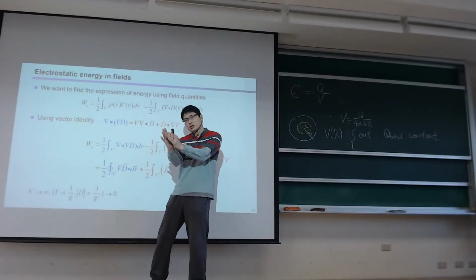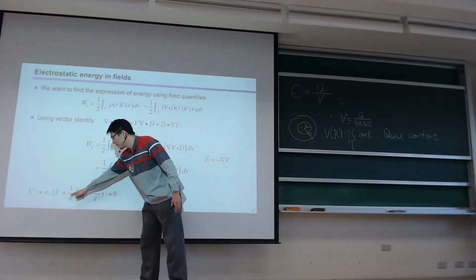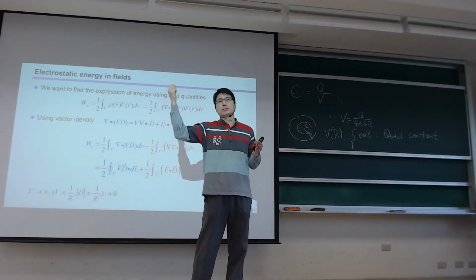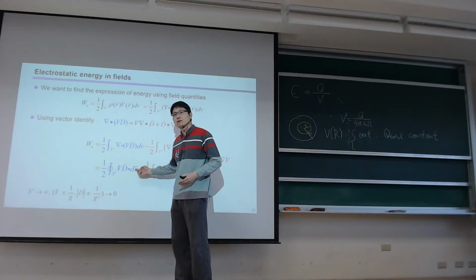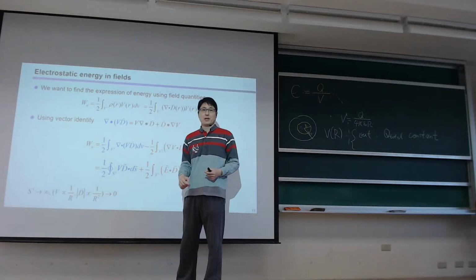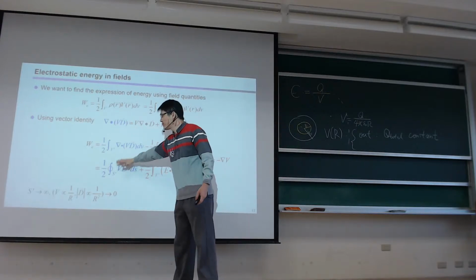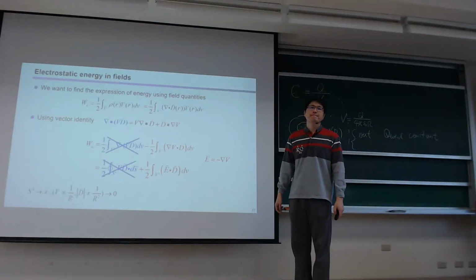So you multiply the two, you have 1 over r squared multiplied by 1 over r, which is inverse r cubed. You multiply by the surface, 4 pi r squared, and you still have 1 over r. But when r approaches infinity, this first contribution goes to 0, right?